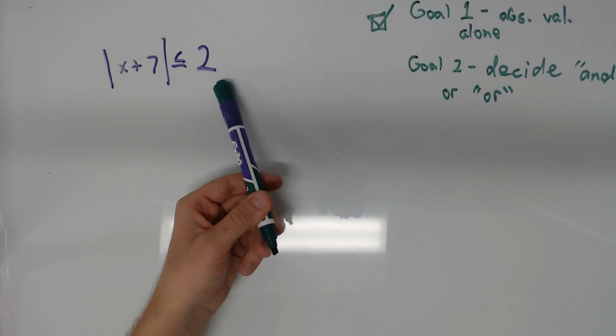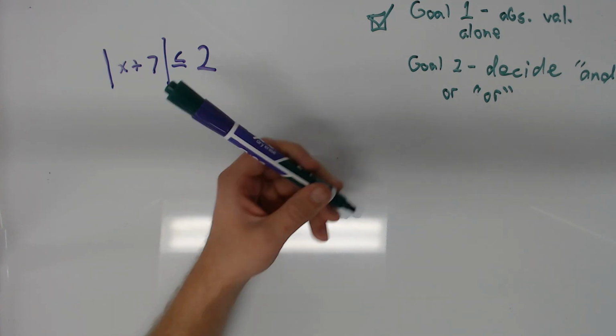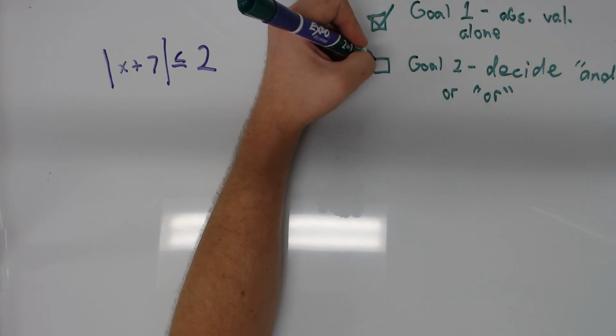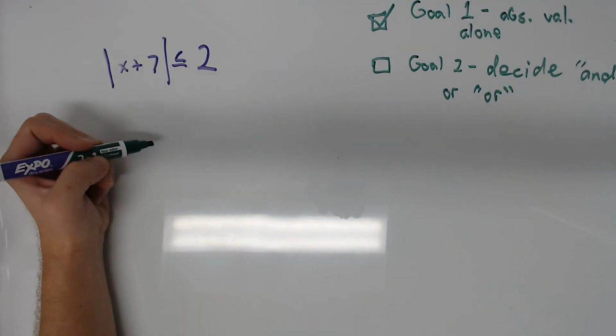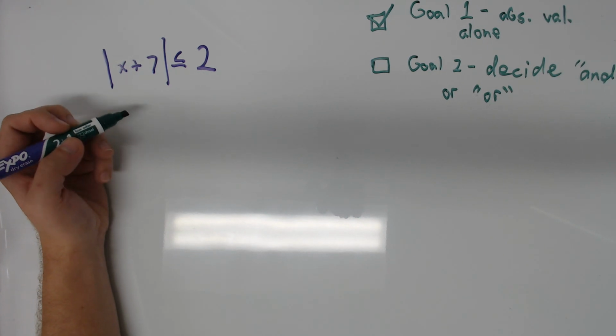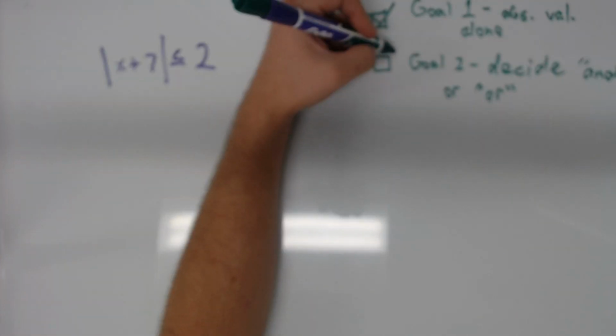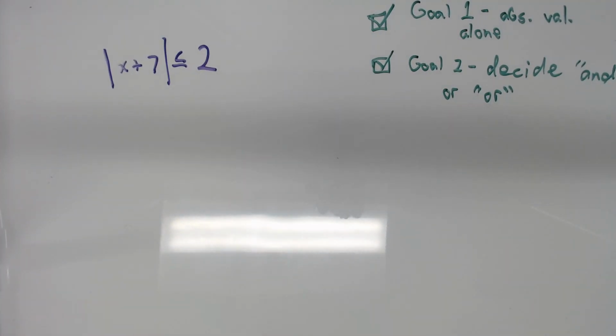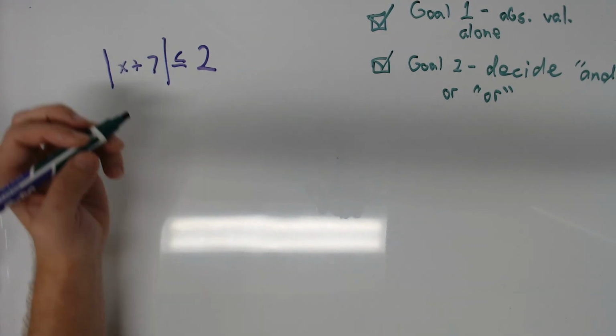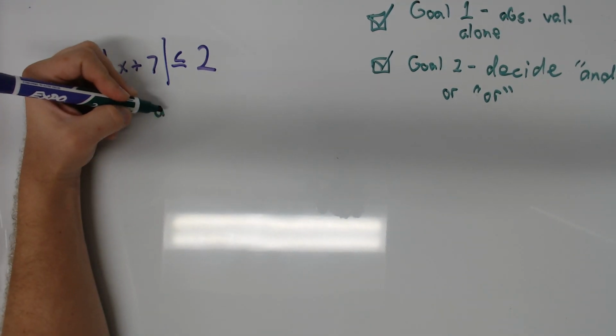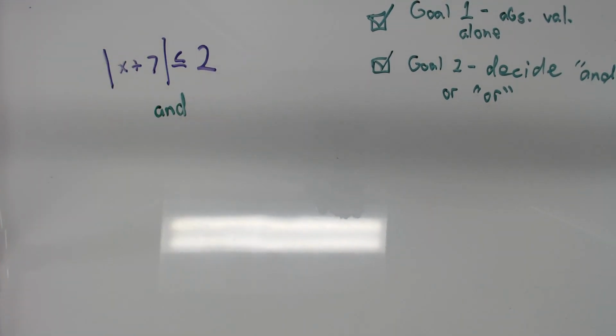I'm smaller than the error. That means this inequality is going to be shaded towards the middle. I'm going to be inside of the two endpoints. So we'll graph this at the end. But this is going to be an and inequality.